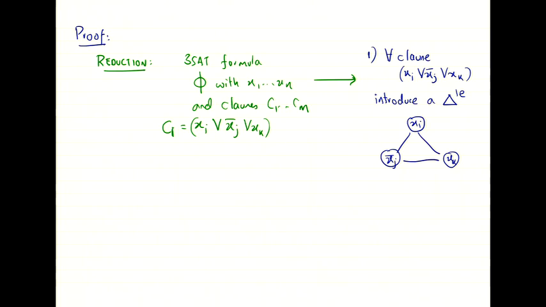And then the second aspect of the graph construction is, for all pairs of vertices labeled xi and not xi, for every pair of vertices that are negations of each other, add an edge between them.